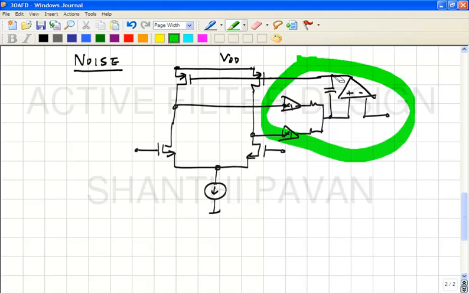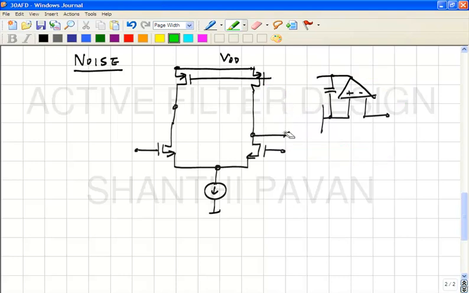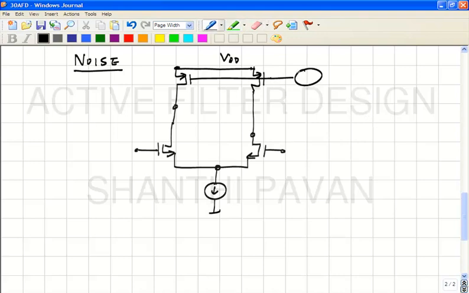The effect of all those noise sources can be represented by a single noise source in series with an otherwise noiseless error amplifier, correct? And please note, the important thing to observe is that this noise source is applied to both these gates. The same noise source is applied to both these gates.